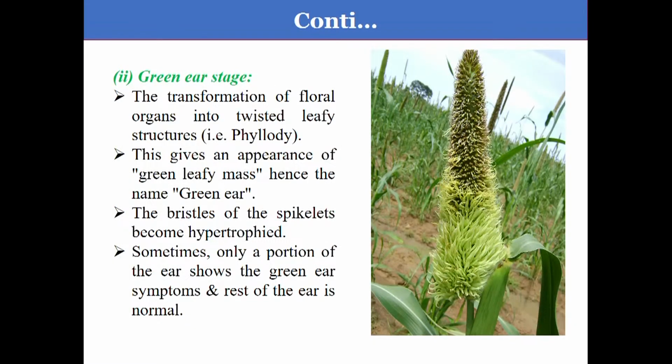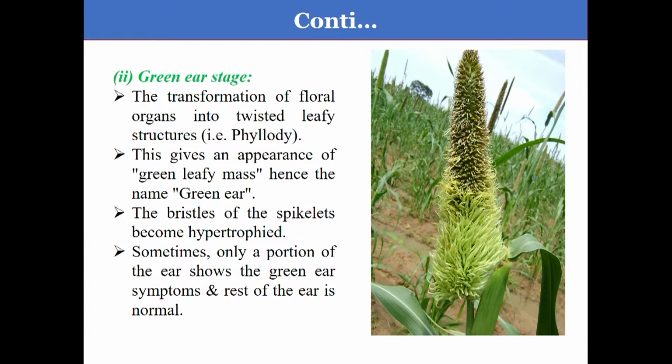The next stage is the green ear stage. After the infection of the leaves, the inflorescence also gets infected by these pathogens. The transformation of the floral organs into twisted leafy structures is called phyllody.